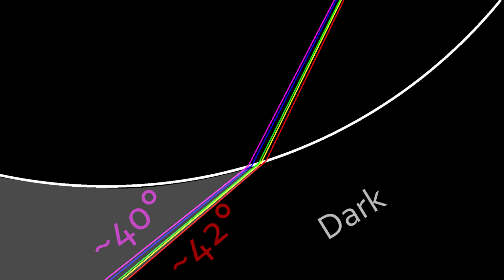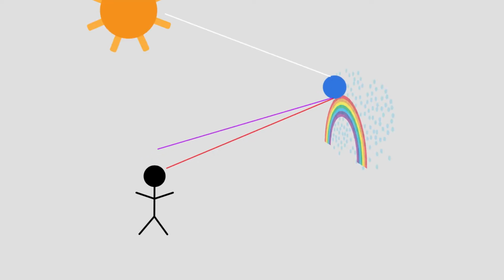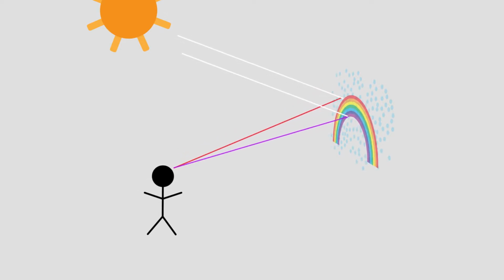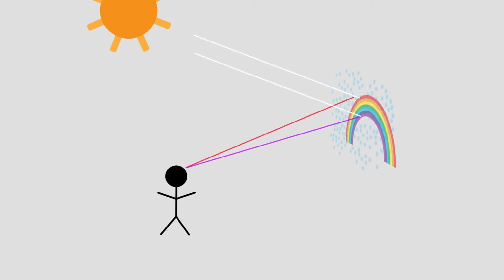Below 42 degrees, no color is dominant, so it's pretty white since all the colors are mixing together. Because the reflected angle of red is the greatest and violet is the least, we will see the red color at the outermost of the rainbow and violet at the innermost. Every time we move, we see a new rainbow because the reflected lights that we perceive are from different droplets.